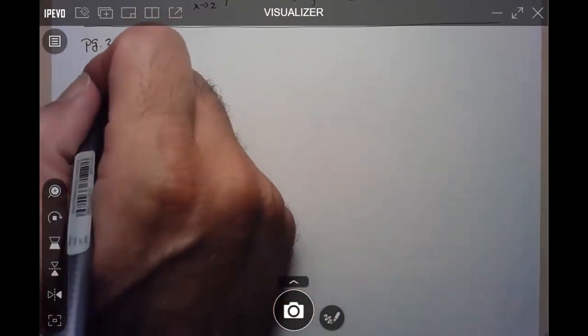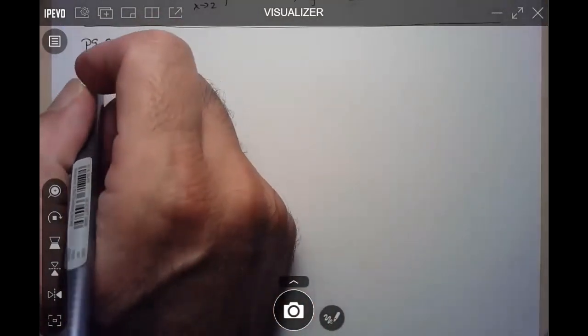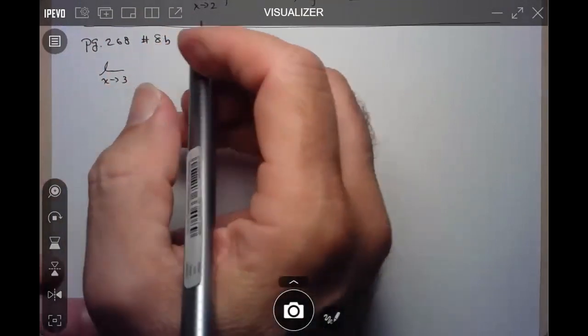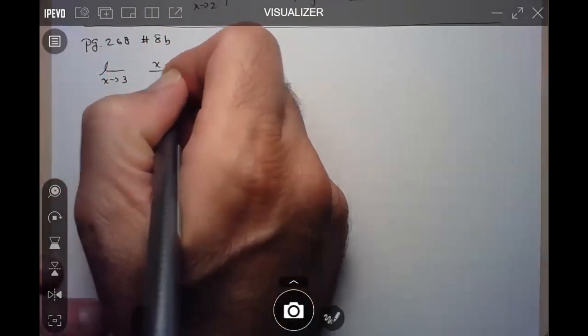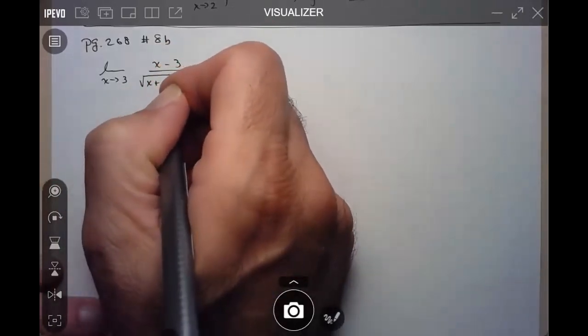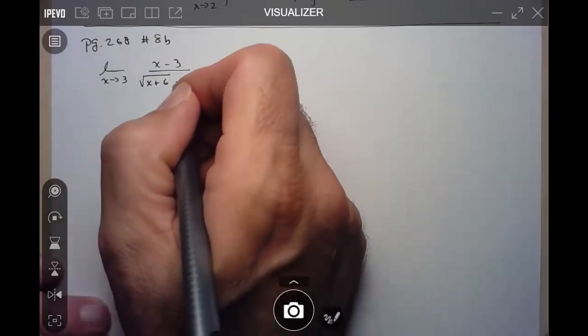It says use algebraic methods to evaluate each limit if it exists. Okay, so this limit for b is the limit as x approaches 3 of x minus 3 over the square root of x plus 6, and then minus 3.